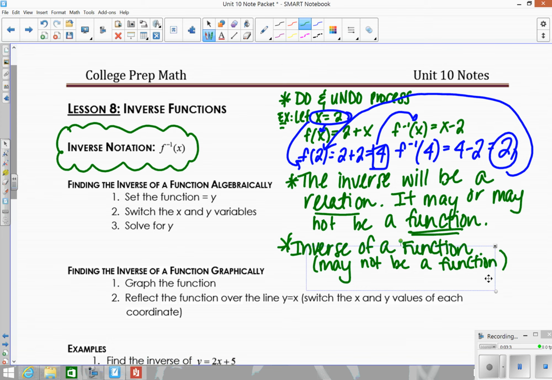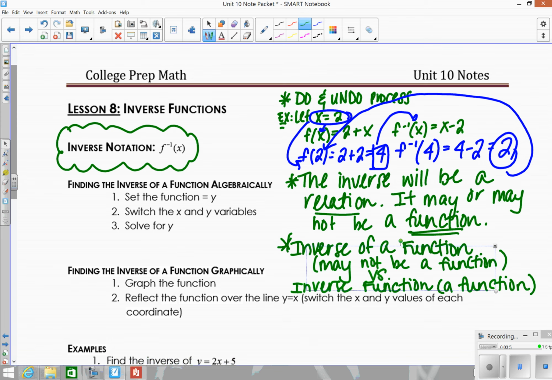But if we say the inverse function, I'm calling what I get out a function, which means that the result is a function. So just a couple of things to take note of when we're doing this.